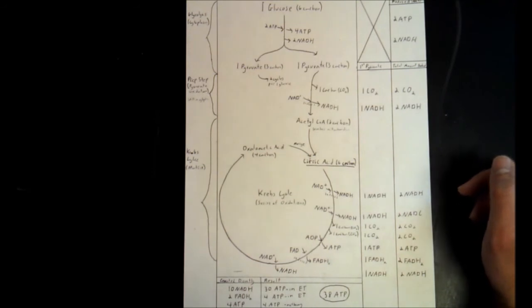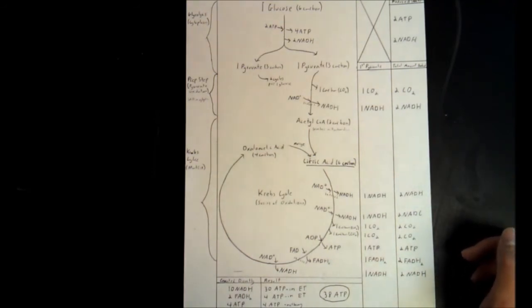Moving down into the matrix of the mitochondria, we're going to get 4 NADH, 4 carbon dioxide, 2 ATP, 2 FADH2, and an additional 2 NADH. We're going to get a total of 10 NADH, 2 FADH2, and 4 ATP.